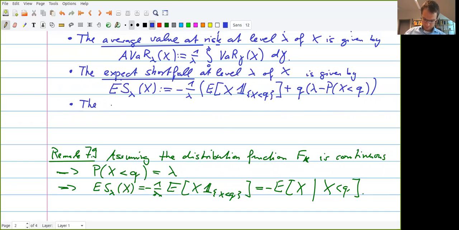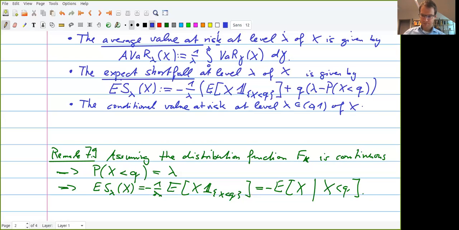which is called conditional value at risk at level lambda of x. So this is the conditional VaR level lambda of x.